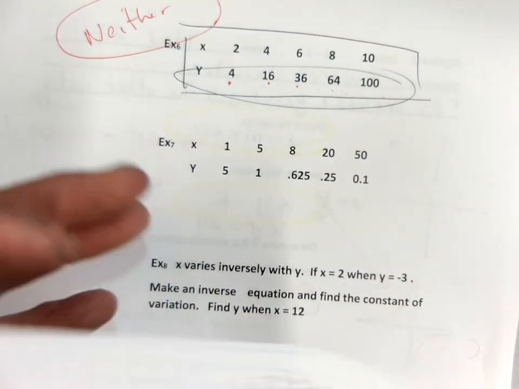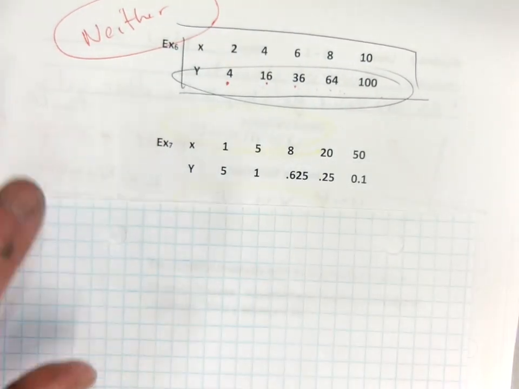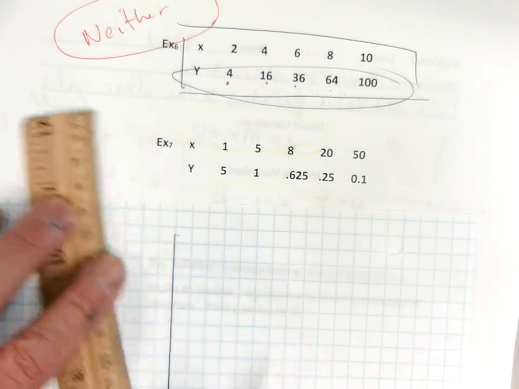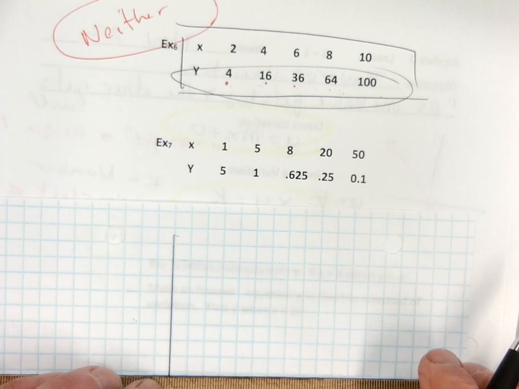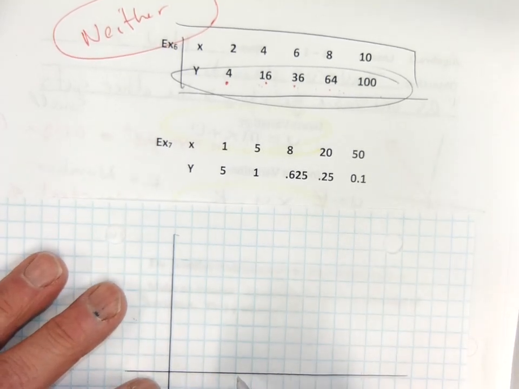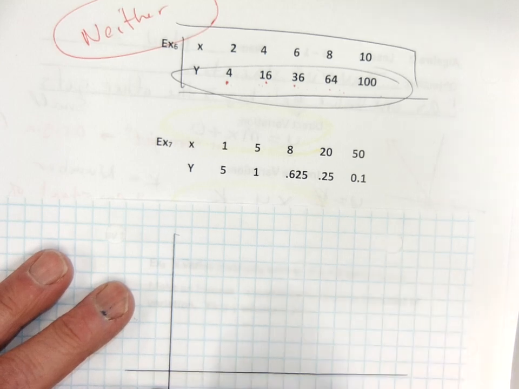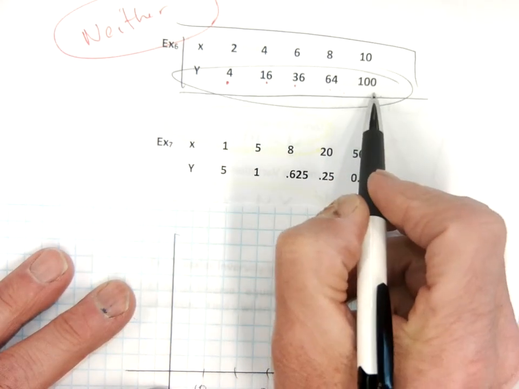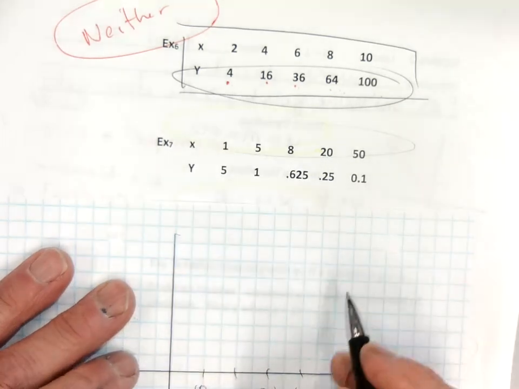How about this one? Let's see about 7. I'll try and graph 7, see if it looks like anything it should look like. All right, I got to get to 50, so I'll go 10, 20, 30, 40, 50, because those are my x's, and my y's.